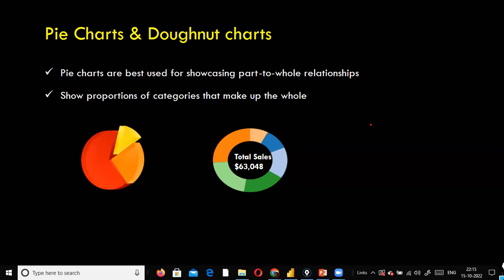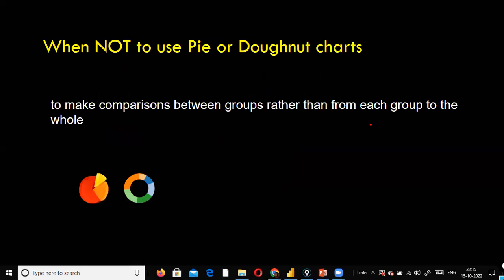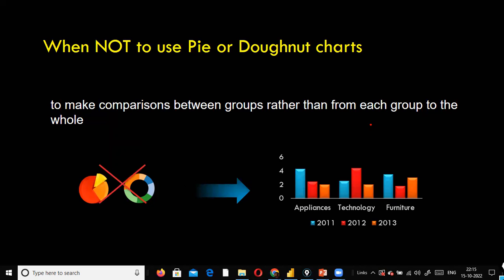When am I not supposed to use a pie or donut chart? If you want to compare between the groups rather than each group to the whole, in that situation, don't go for a pie chart. Instead, you can go for the column chart, sorry, the grouped column chart.